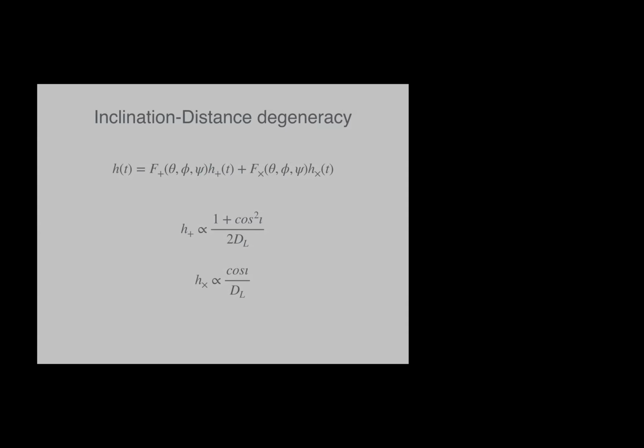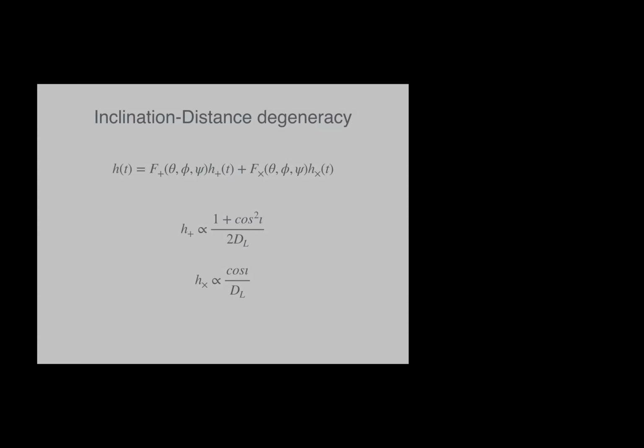And to know it, you have to know both polarizations of your gravitational wave. So h of t is your strain as a function of time that your detector detects, but it's a superposition of the plus polarization and cross polarization of the gravitational wave.